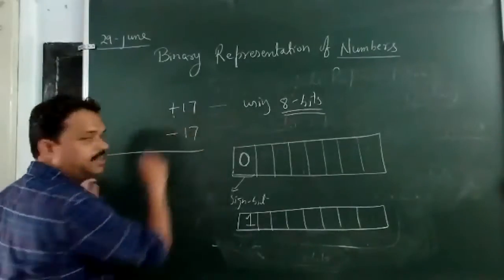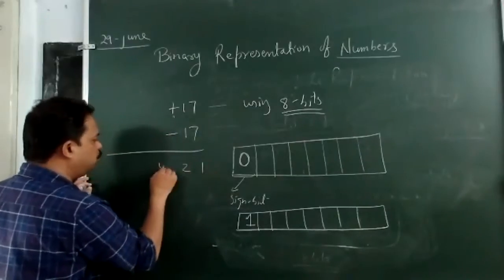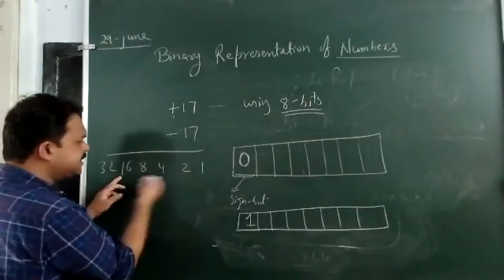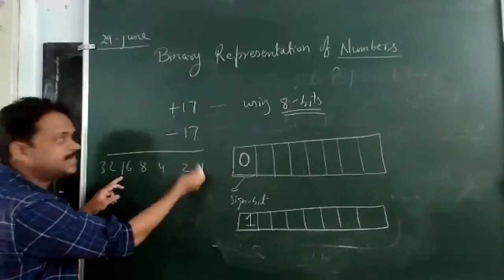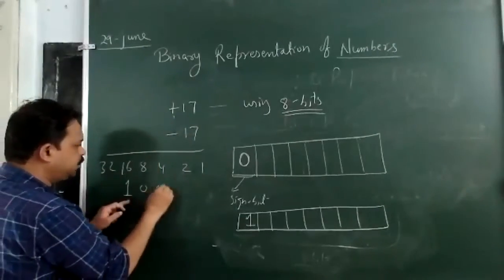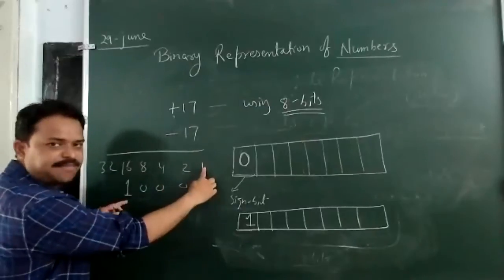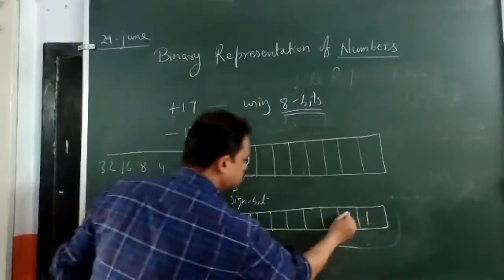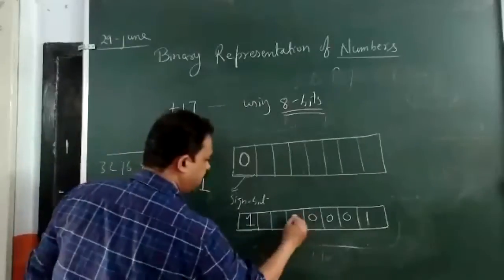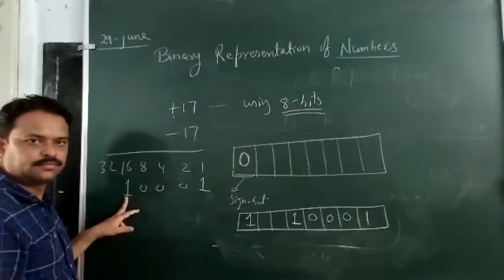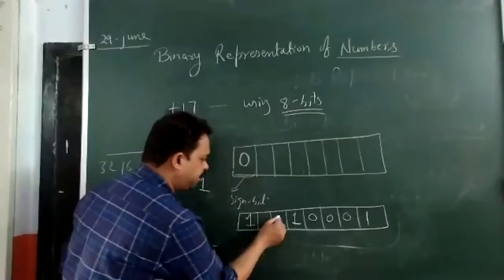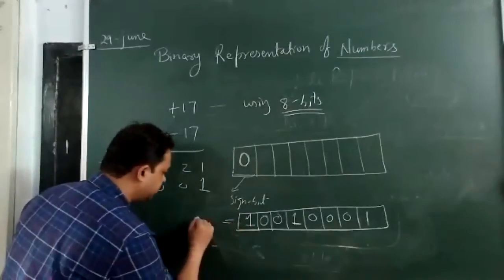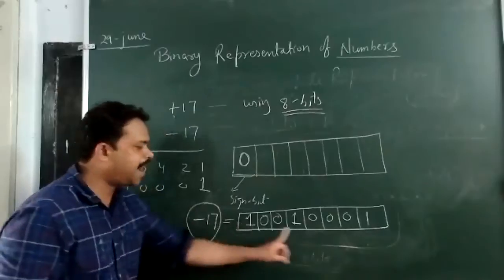We have the formula 1, 2, 4, 8, 16, 32. But here itself I am going to get 17: 16 plus 1, 17. So write down 1, 0, 0, 0, 1. The empty places I can put 0. This is nothing but minus 17.